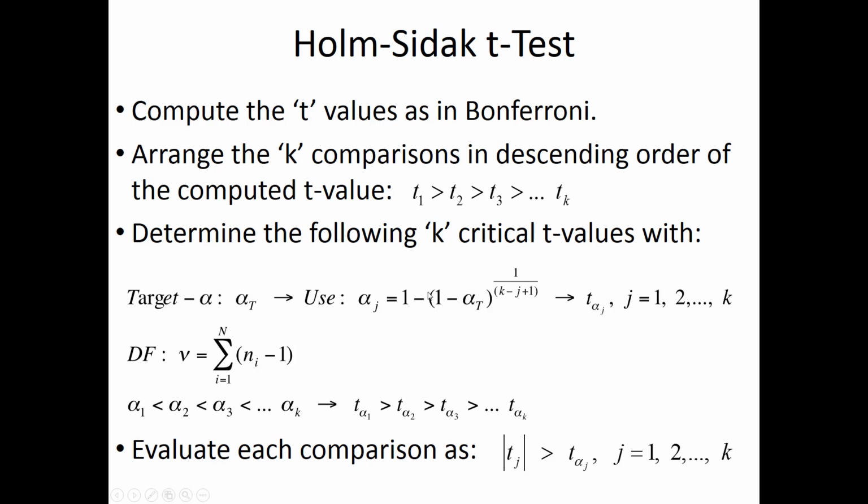If I have 3 total comparisons, for my first comparison, this fraction is 1 over 3 minus 1 plus 1, so it's 1 over 3. For my second comparison, this exponent is 1 over 3 minus 2 plus 1, and then for my third comparison, it's 1 over 3 minus 3 plus 1 in the exponent. At any point during these comparisons that the t does not exceed the t threshold, the comparisons stop and the null hypothesis is considered true for the remaining comparisons.